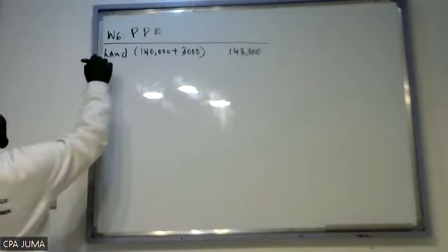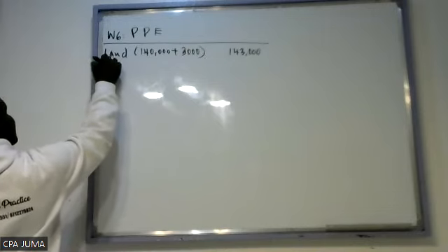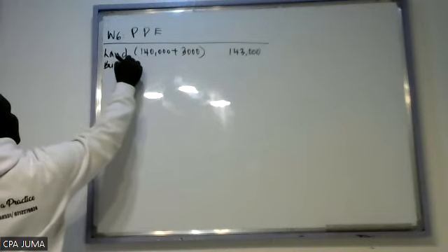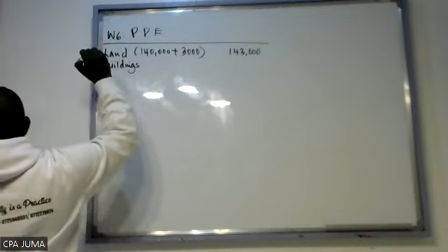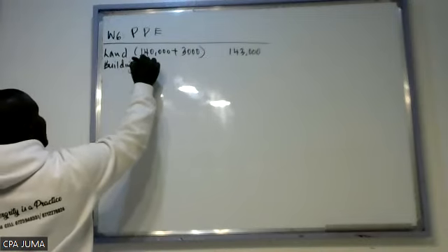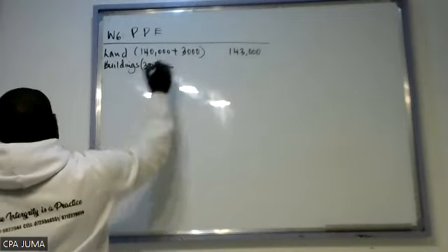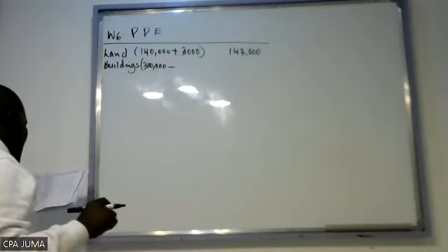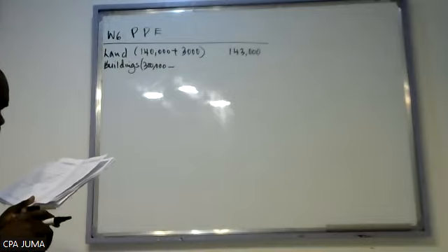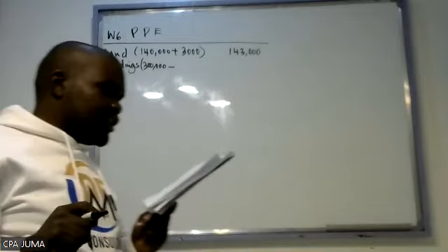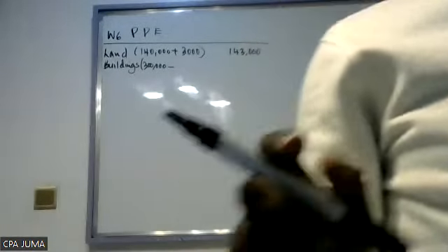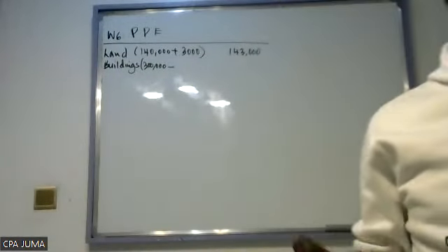Then we have buildings. Buildings is 300, minus depreciation. There was no accumulated depreciation on buildings. So just subtract the depreciation, which we had charged on the buildings.